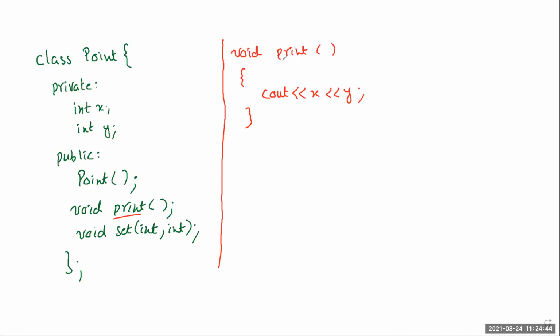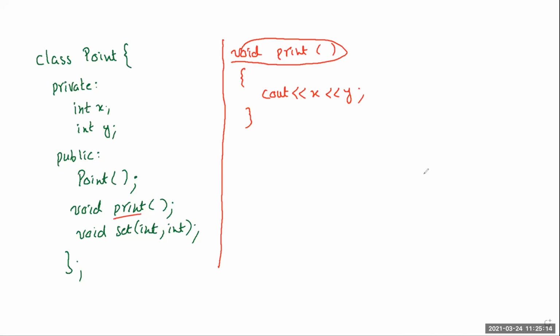But you can have a point class, a rectangle class, a square class, so a print function can be in any class. So how do we know that this print function is the body of the print function which was in the point class? This does not seem correct. There has to be some additional information to tell that this is the implementation or definition of the function print which belongs to class point.